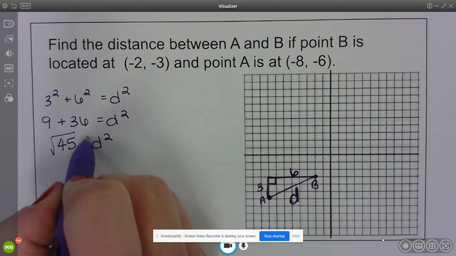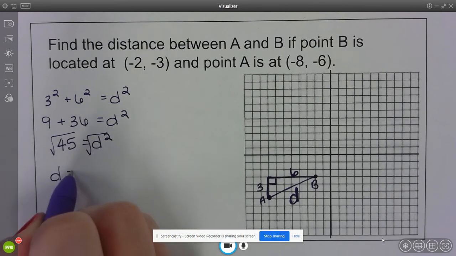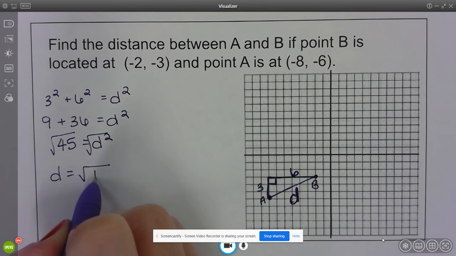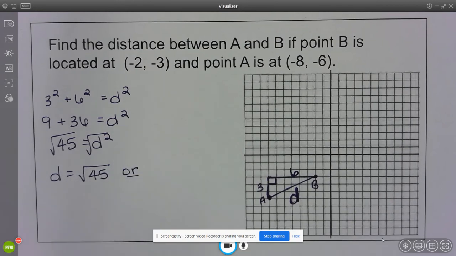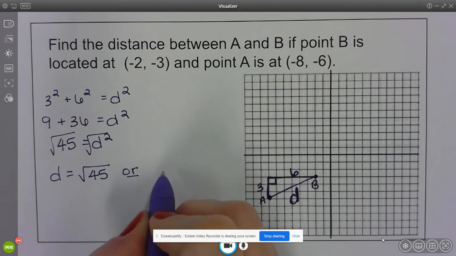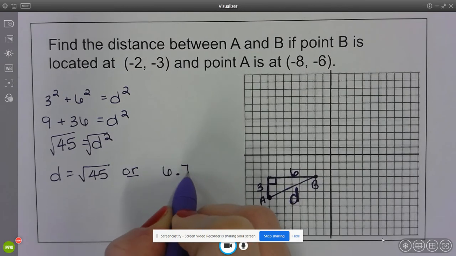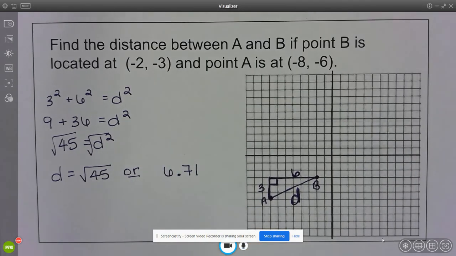Taking the square root of both sides tells me that d is either going to be written as the square root of 45 or 6.71.